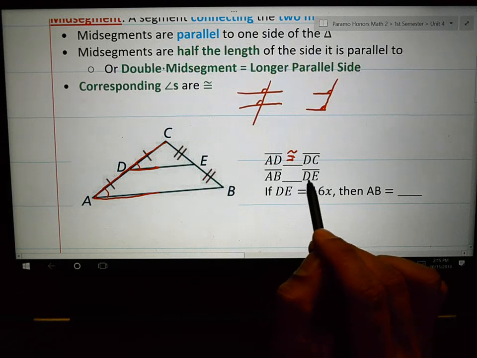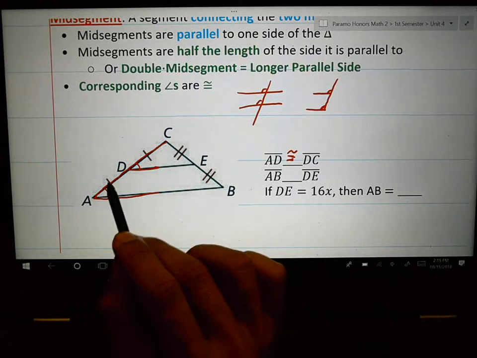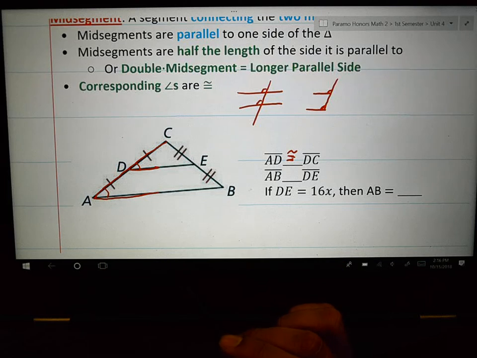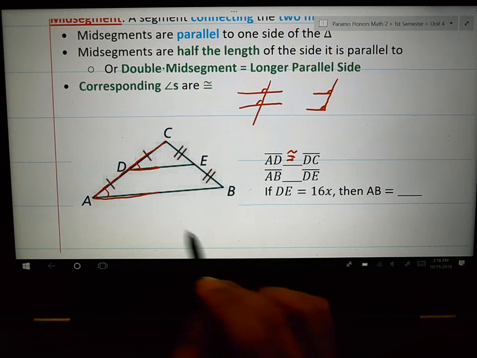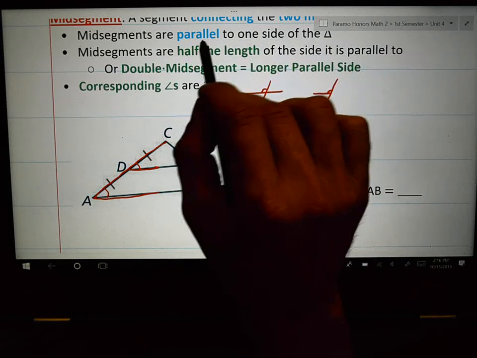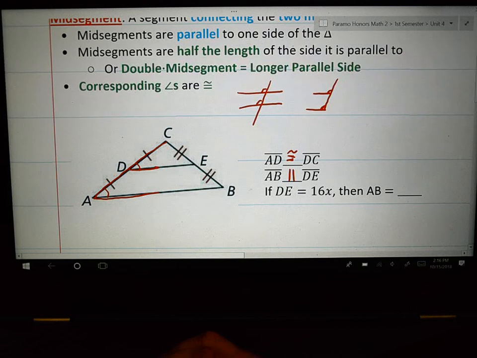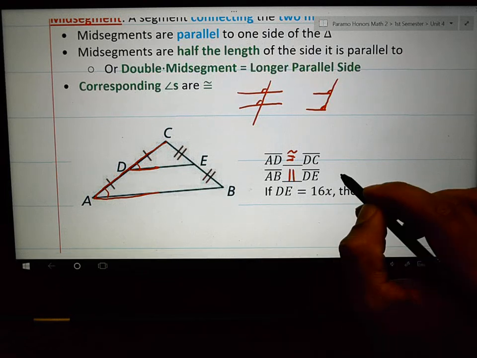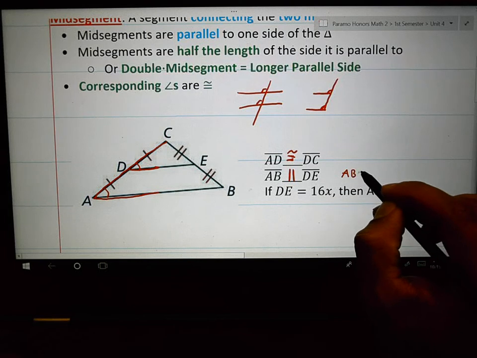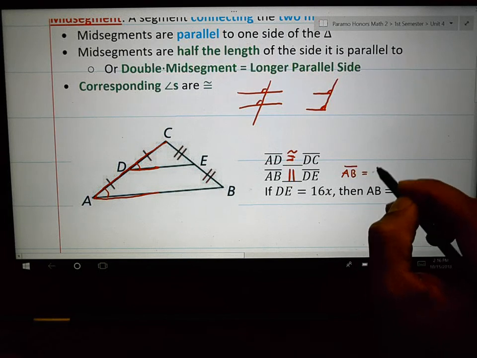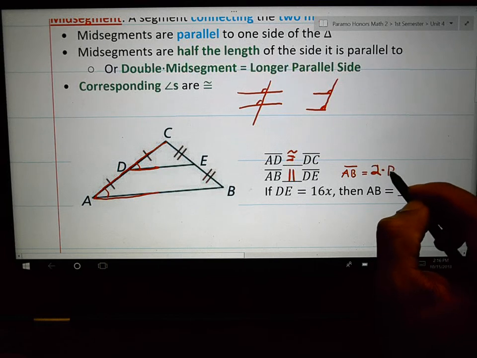AB is blank with DE. AB and DE. There's a couple of things that could fit in here. The first thing that could fit is their relationship. They are parallel, is the first thing that I can think of. And then I can think about their sizes. AB is equal to double, 2 times DE.